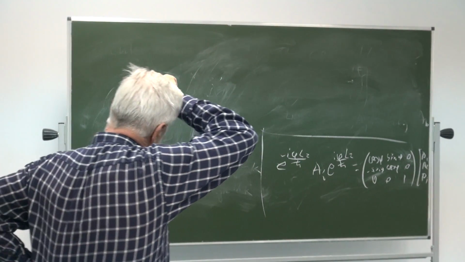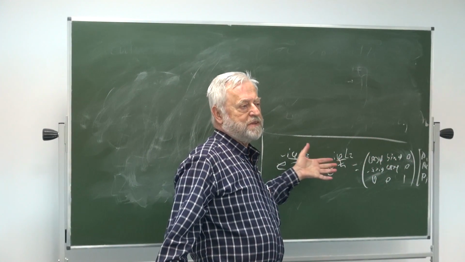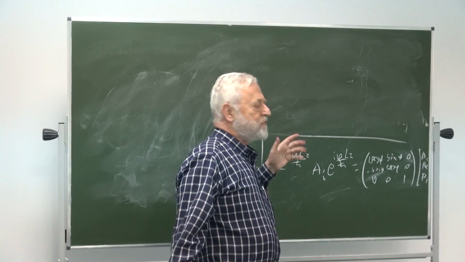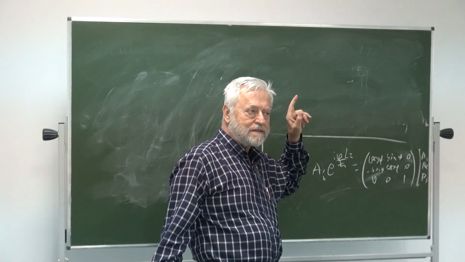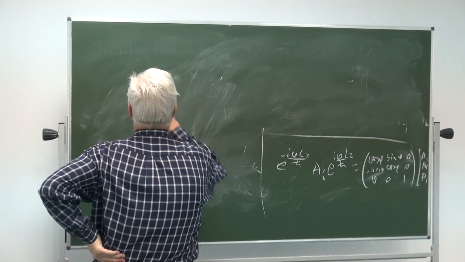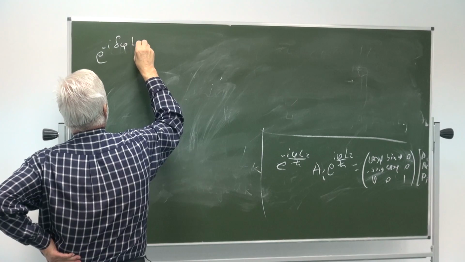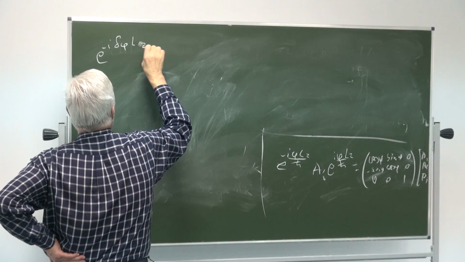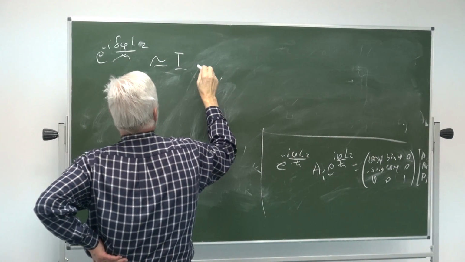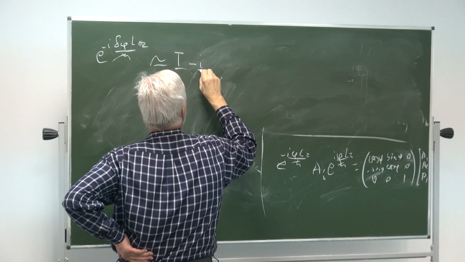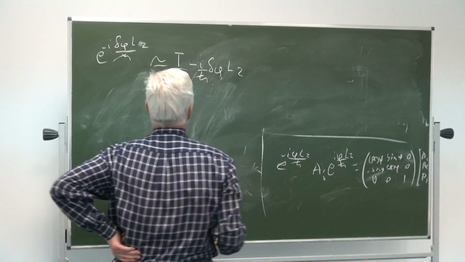Okay, so look what happens. I could utilize this whole business with arbitrary phi, but it is sufficient to utilize this for infinitesimal, for tiny angles. So for tiny angles, I can write e to the minus i delta phi Lz divided by h bar, which I can approximate as 1 minus i over h bar times delta phi times Lz, yes?